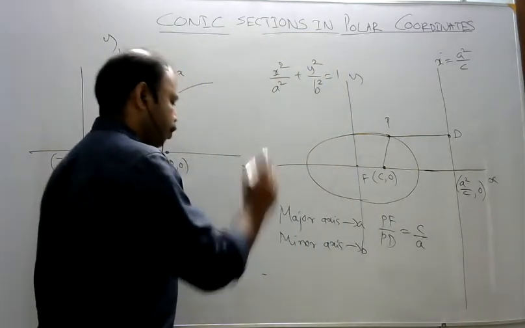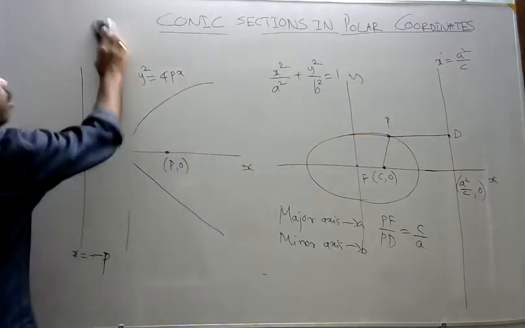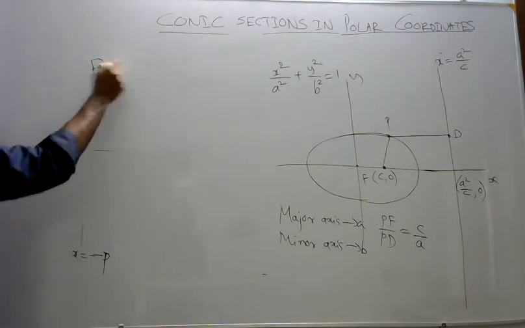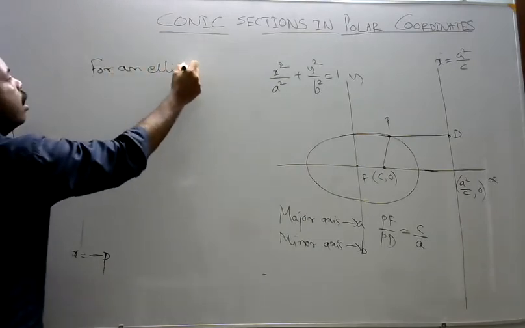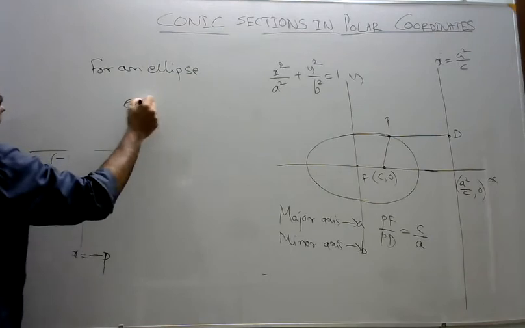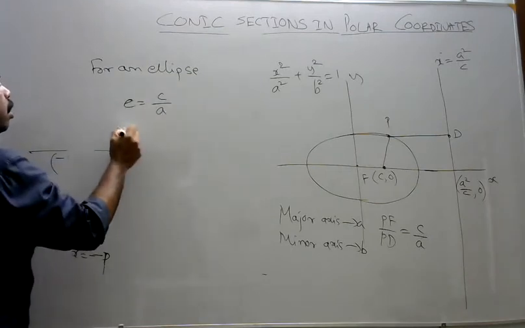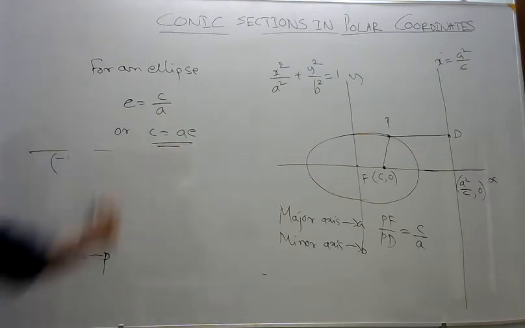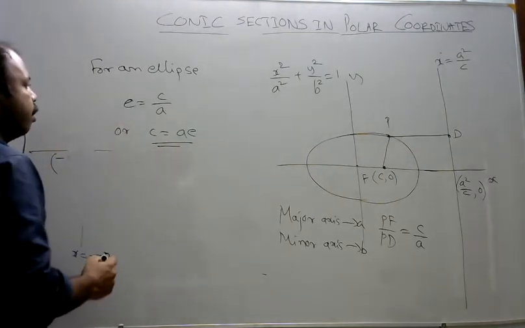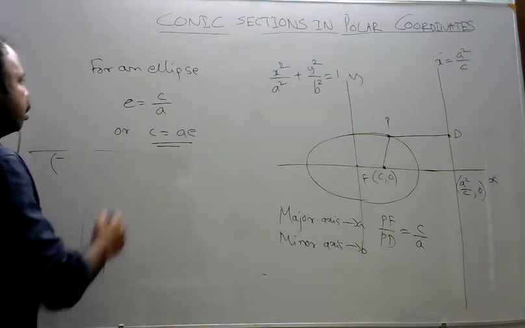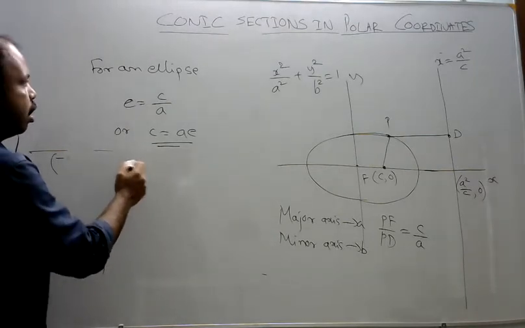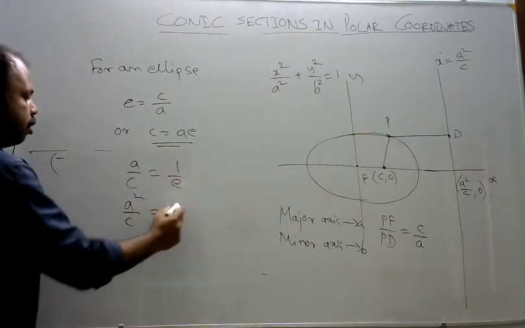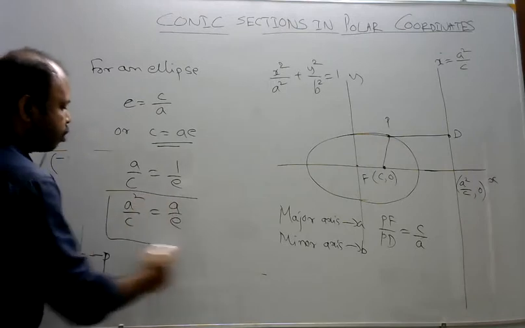That means for an ellipse, the eccentricity e is equal to c by a, or c equals ae. We remember this. Since e equals c by a, we have a by c equals 1 by e, or a squared by c equals a by e. We remember these two equations.